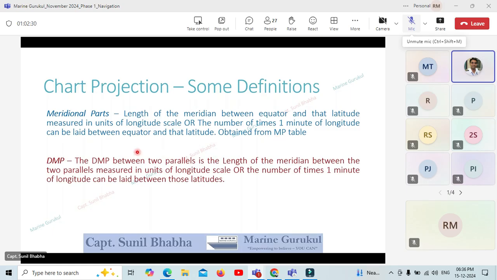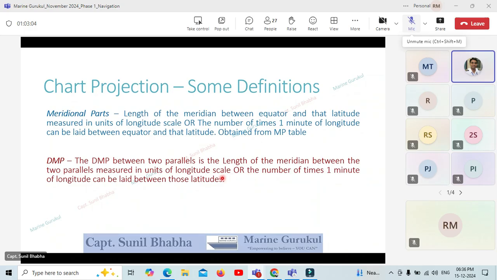Now moving on to the second definition, that is DMP. It is difference of meridional parts. The DMP or difference of meridional parts between two parallels is the length of the meridian between the two parallels measured in units of longitude scale, or you can have a different wording again as we had in meridional parts.